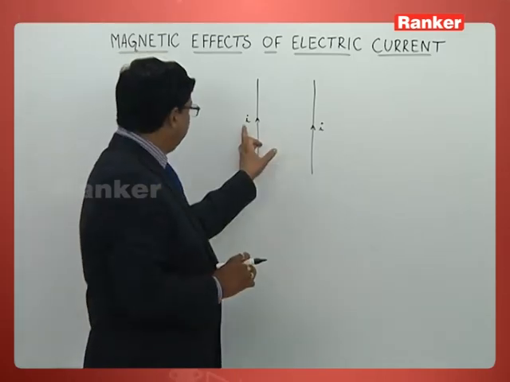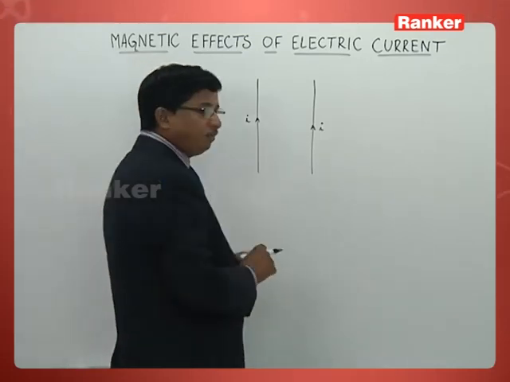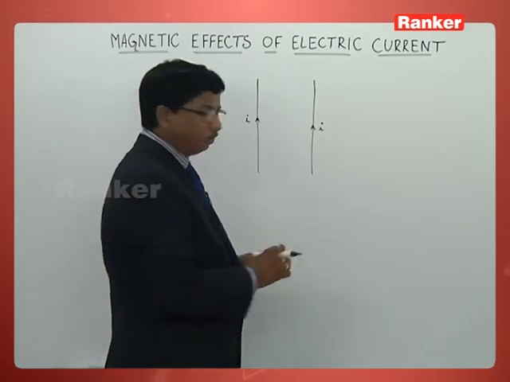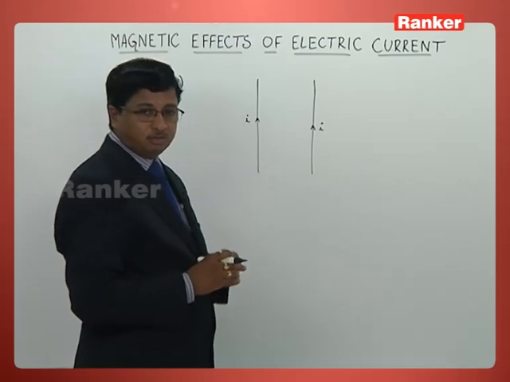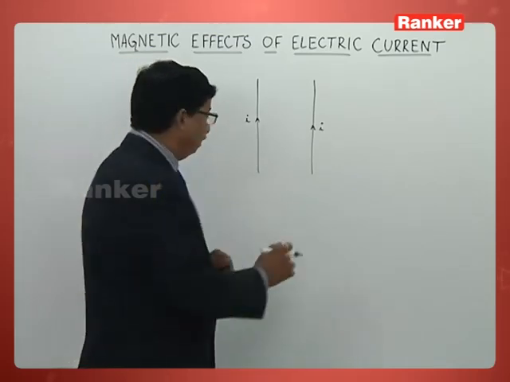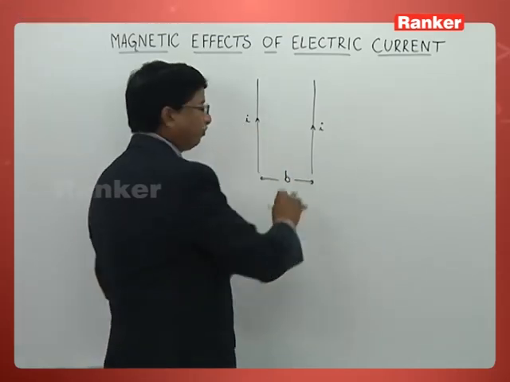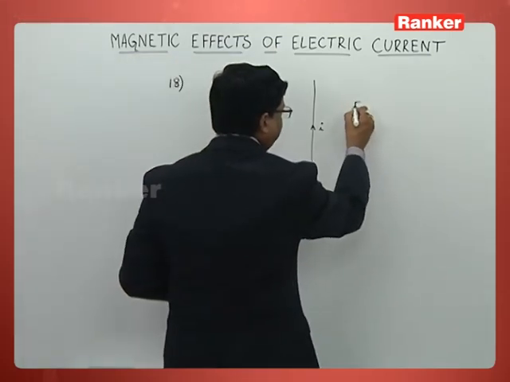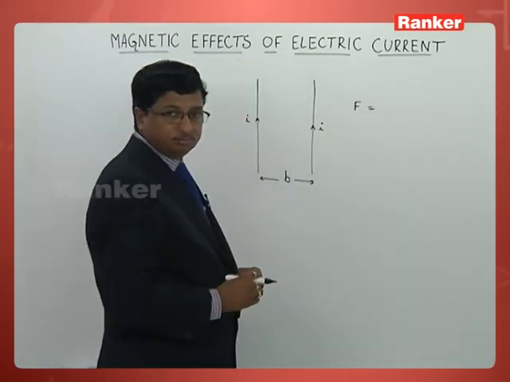So you can say this is I, this is I. Let us now check the distance of separation between these two is of course D. Right. So what is the value he has given? You see, two thin long parallel wires separated by a distance B. So I can take that one as B here. What is now the force of attraction or repulsion between these two wires?